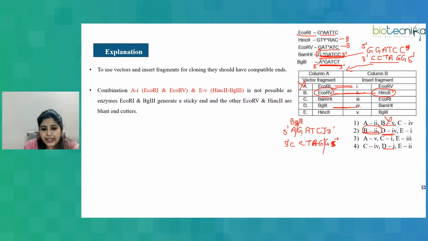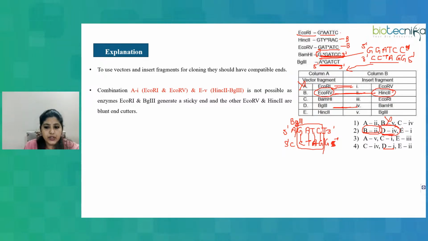You can see at least these sequences are complementary. G pairs with C, A pairs with T, T pairs with A, C pairs with G. So yes, this combination can be used. They can stick back, they can join, they have the complementarity. So D4 seems to be correct.